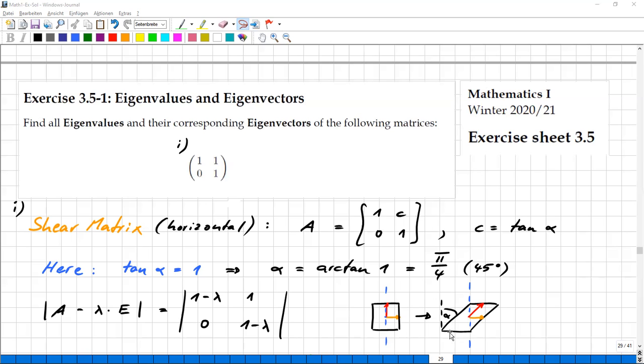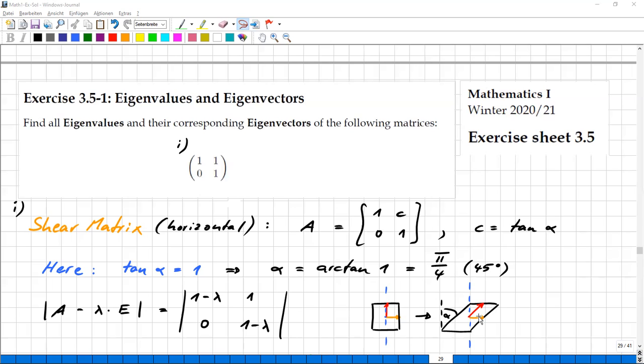You see that the baseline of this square stays, while the upper side here has been shifted to the right. And also the other two sides, well, they result in a certain angle here, as you see. So that's a parallelogram which results.